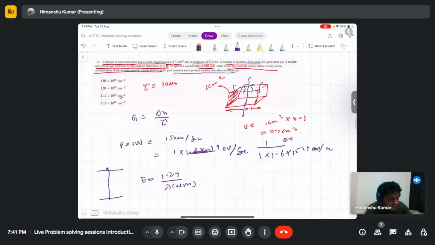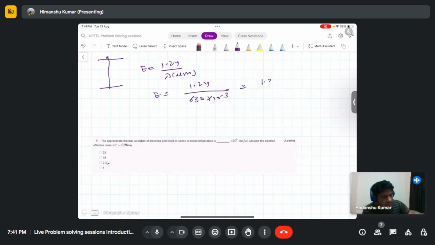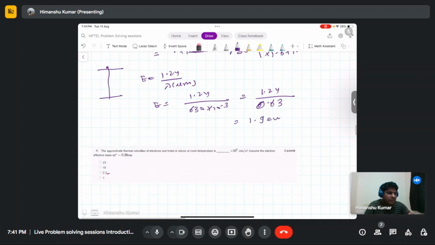We are given 630 nanometer, which is 0.63 micrometer, so the energy is 1.24 divided by 0.63, and you will get around 1.9 electron volt.